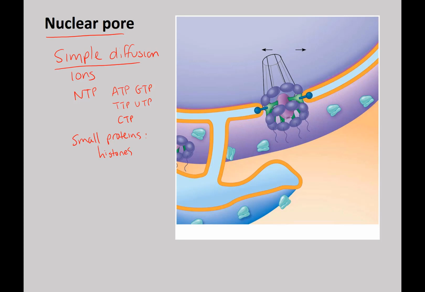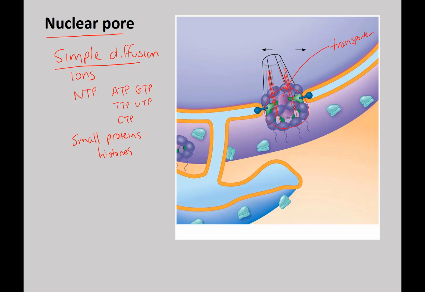And what I want you to see is that this pore has this outer ring, and on the side you can see this purple part in the middle, which is called the transporter. We'll talk about that in just a minute. Things, if they're small enough, can diffuse in and out.